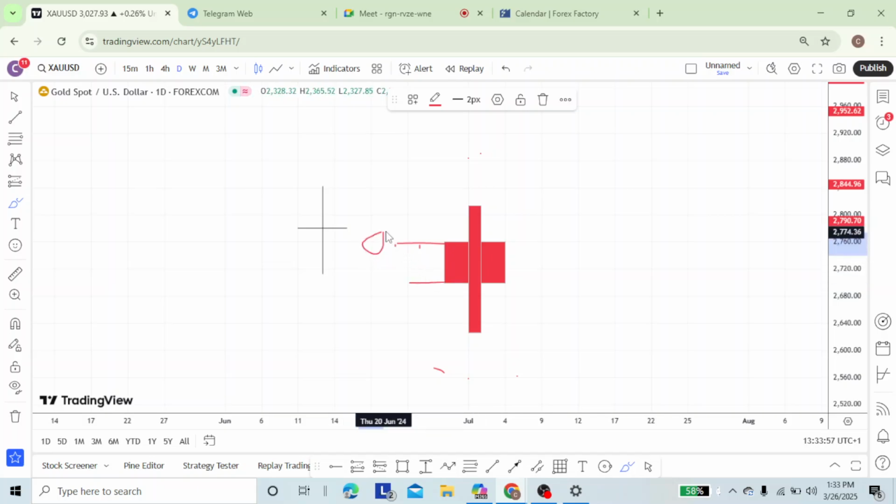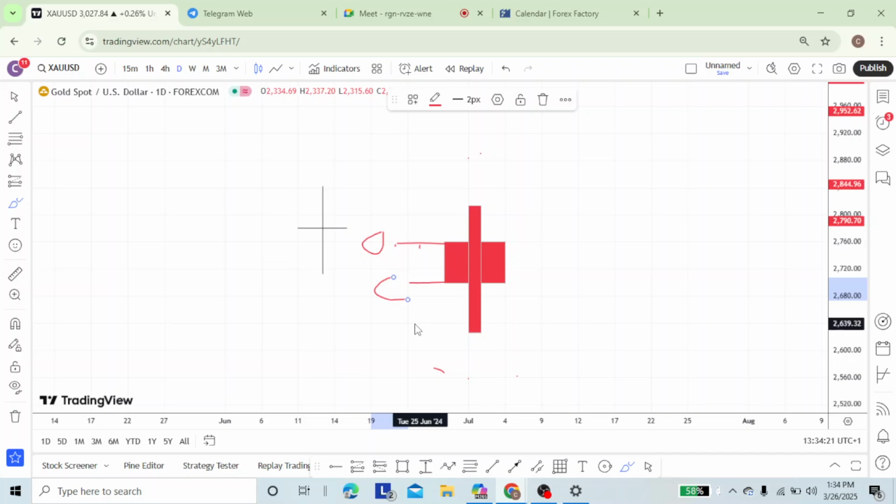This is the open, this is the close. You can see that. So the difference between the open and the close is the body. We've taught you body, highs, lows, upper shadow, lower shadow, close, open. We taught you.